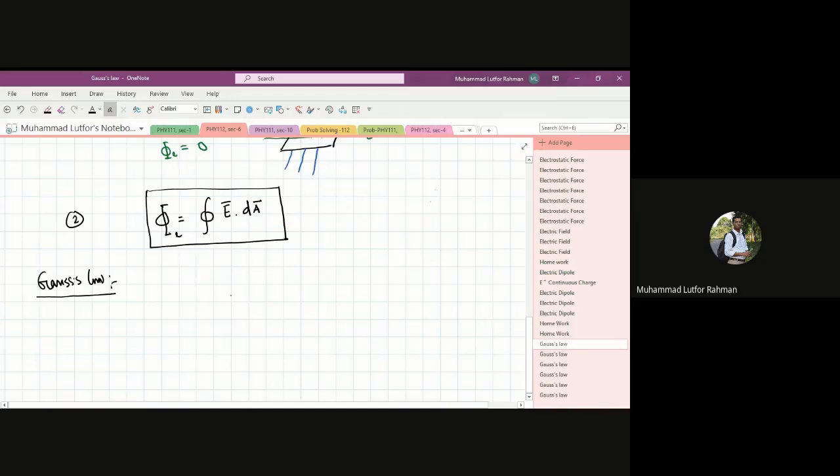It says that if you consider a closed Gaussian surface around an object, say I have any shape of object, say I consider a box, and I'm going to find what the flux will be. I could find what the electric field is. So say this is my Gaussian closed surface, which is going to enclose that total box over here.